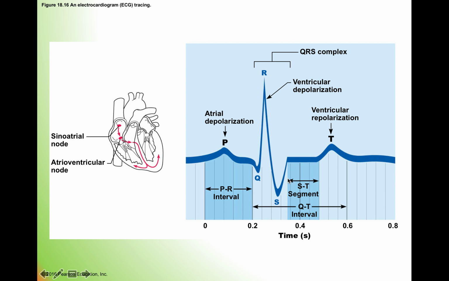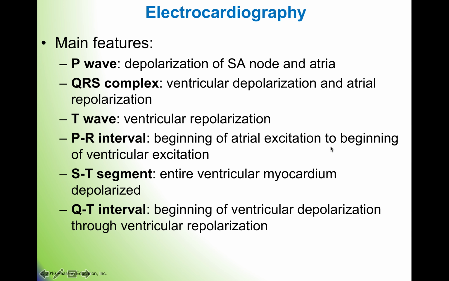The second section you see is the ST segment, the flat line between the QRS complex and the T wave. This is the region where the myocardium of the ventricles is being fully depolarized and the electrical impulses are spreading throughout your ventricles.